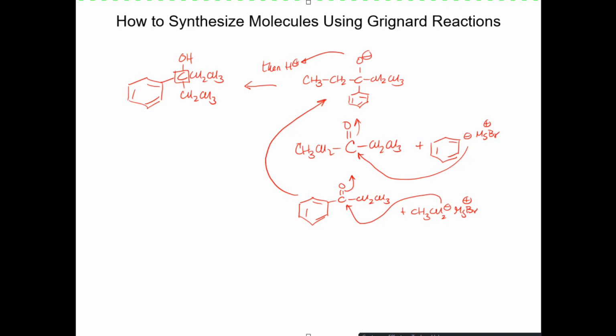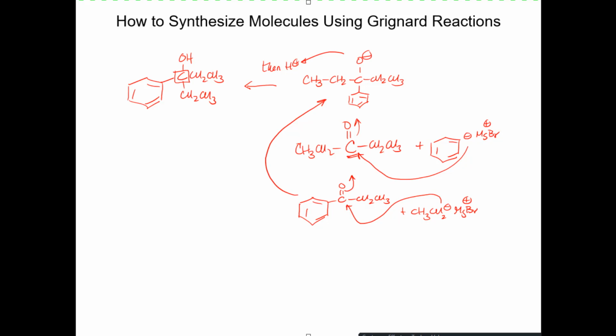So the idea here is if you were given an alcohol and asked, how do I make that? Then you would look at the groups that are attached to the carbon, and two of those groups have to be attached originally to the carbonyl, and then one of the other groups could be the Grignard.